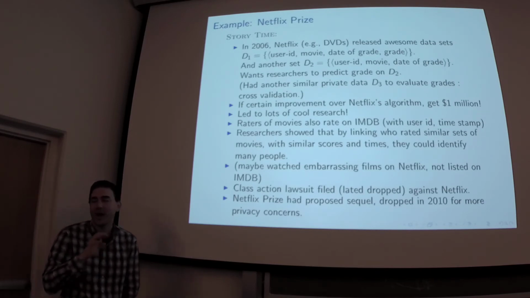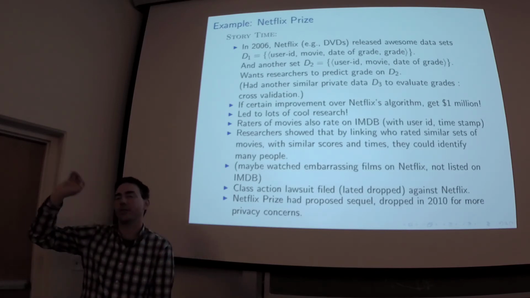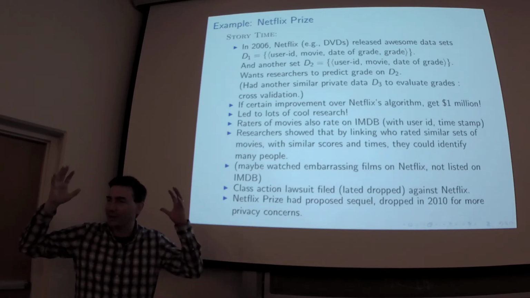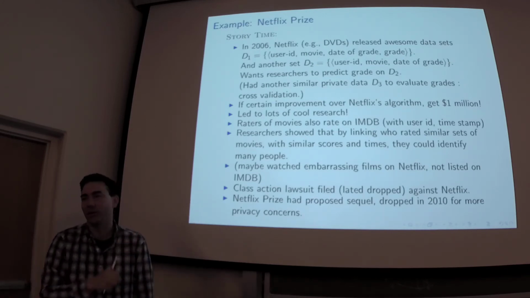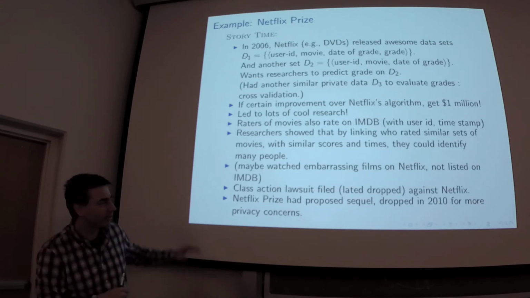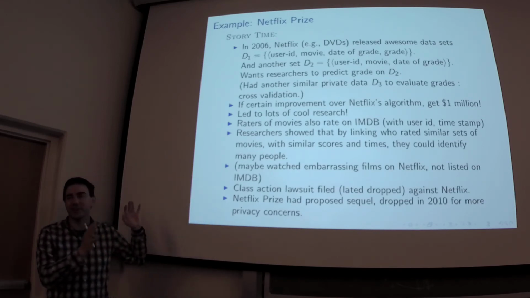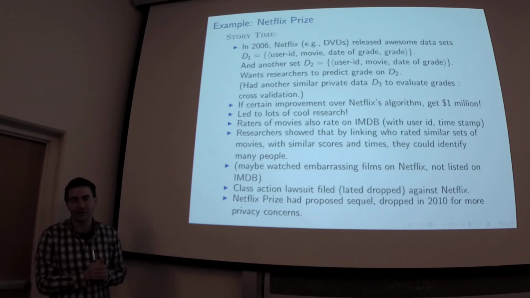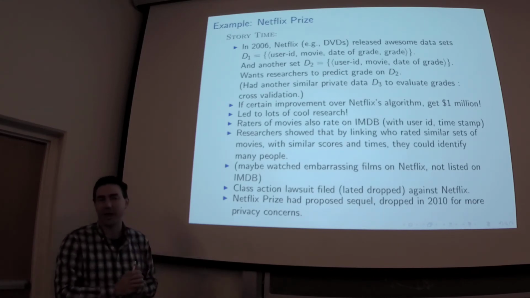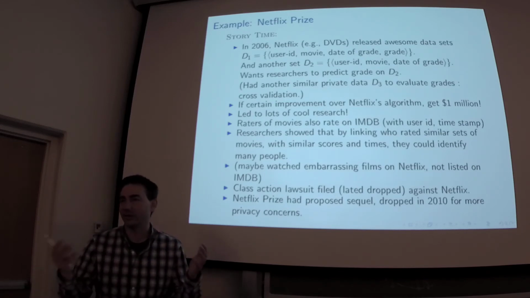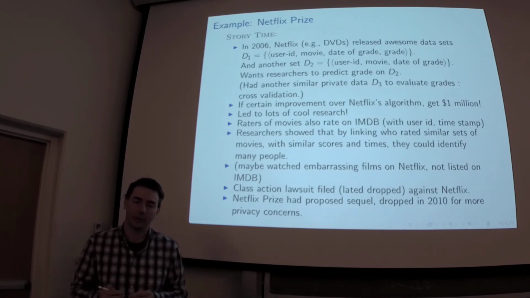And they ended up being one of 3 or 4 prominent teams that joined together at the end, right? So Netflix probably got a lot more out of this than they could have with their own R&D team. But this sort of prize is not very common anymore, with this sort of data, because of these issues, because you can relate these data sets to each other.